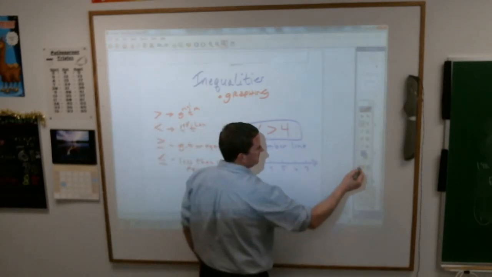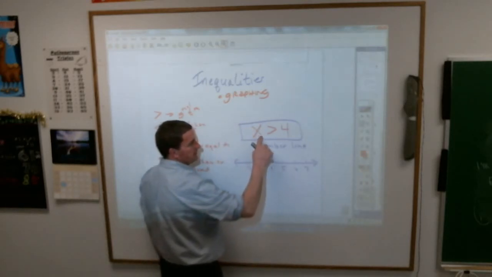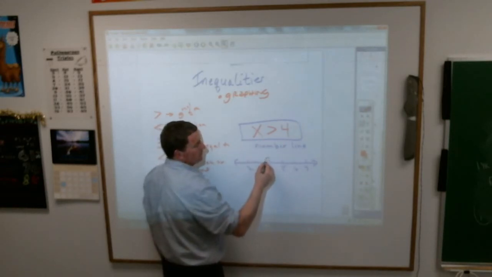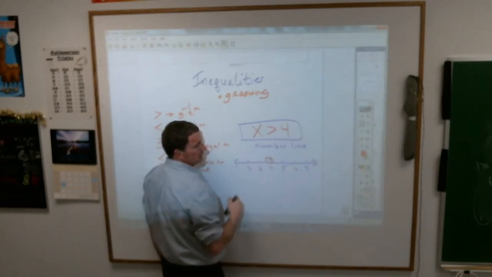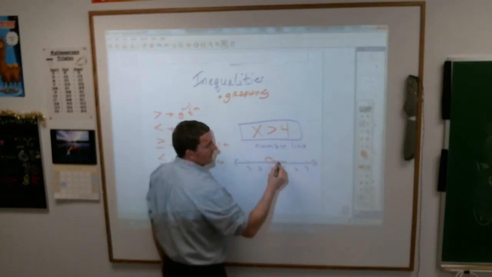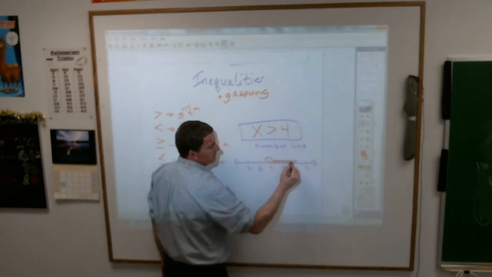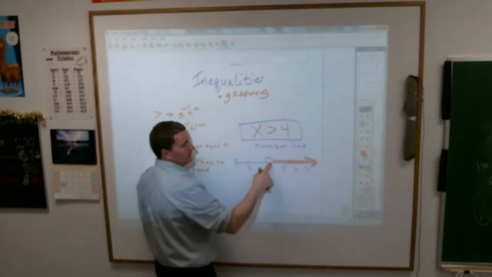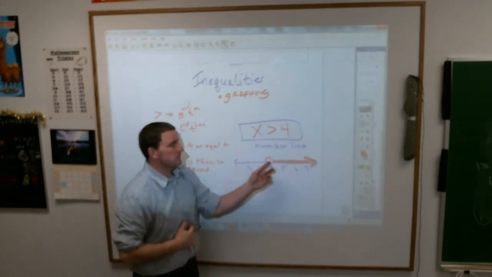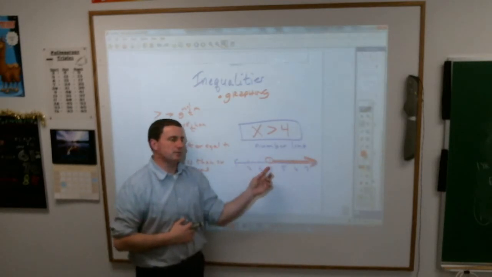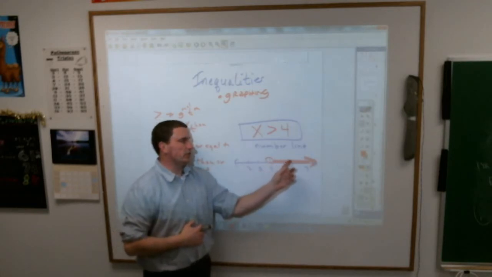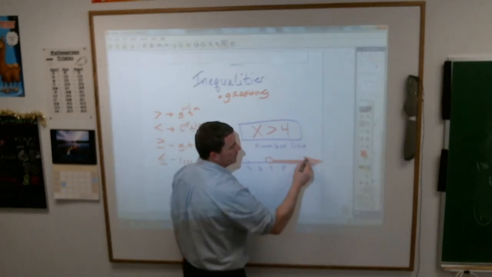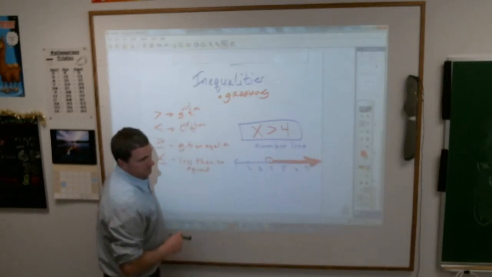Since it starts at 4 but it doesn't equal 4, we put an open circle. And then we color in the side that our answers fall on. That open circle shows that it starts at 4 but doesn't include 4, and the arrow goes over all the possible answers that go on forever in that direction.